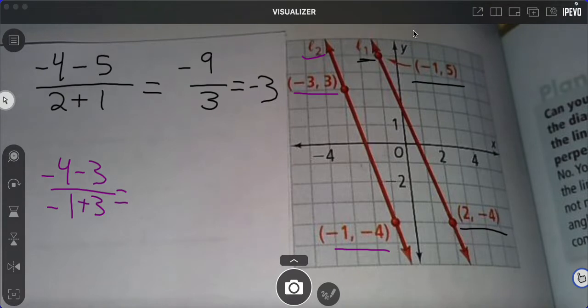Now, what do I get for this slope? Negative 7 over 2. Are those the same slopes? No. Are those lines parallel? No. One is negative 3 and one is negative 3.5. They're close, but they're not the same. So they are not parallel. Eventually, a long way from what's on the graph, they would meet. Okay? Does that make sense, y'all?